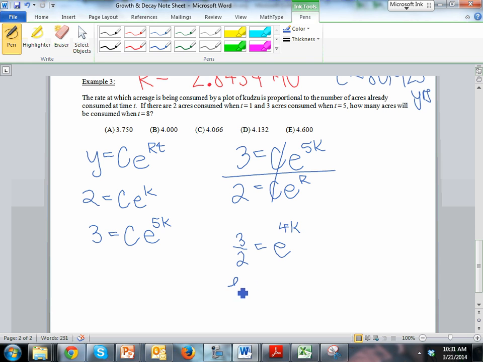Natural log of 3 halves equals e to the 4k, correct? So k is the natural log of 3 halves over 4. Now, I can plug k in right here to solve for c, correct? So what is an approximation for k?